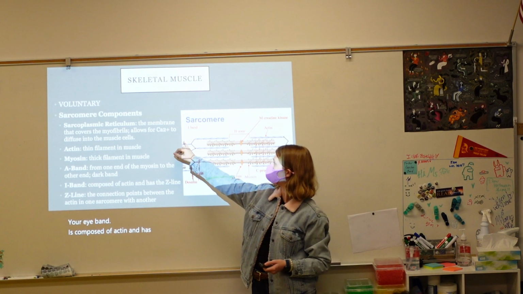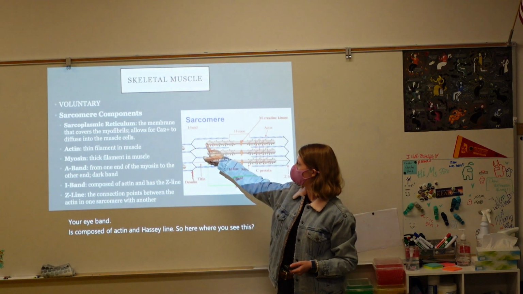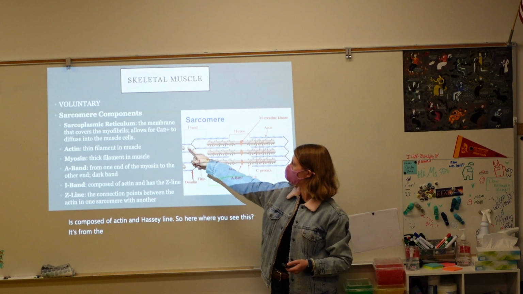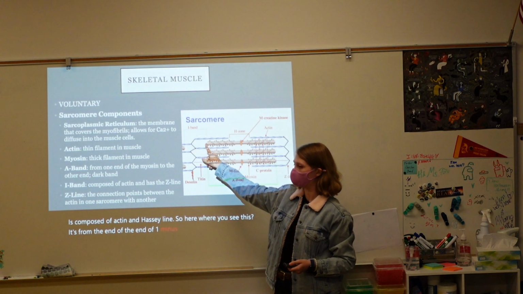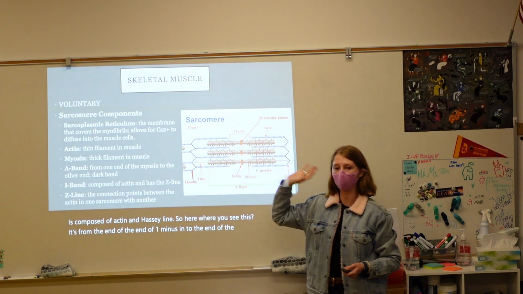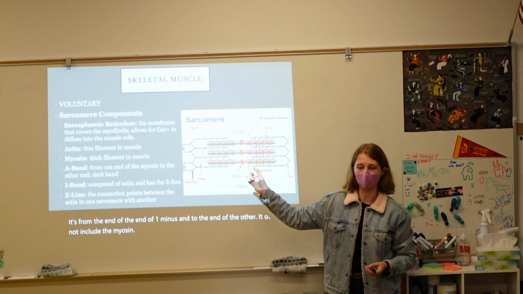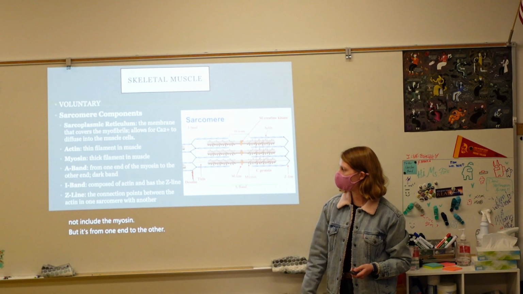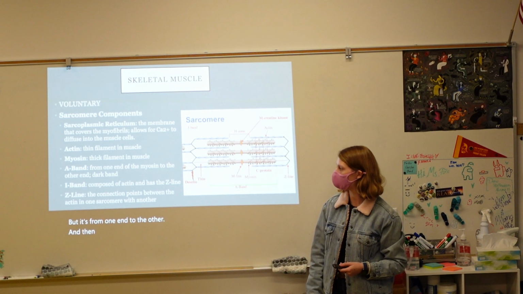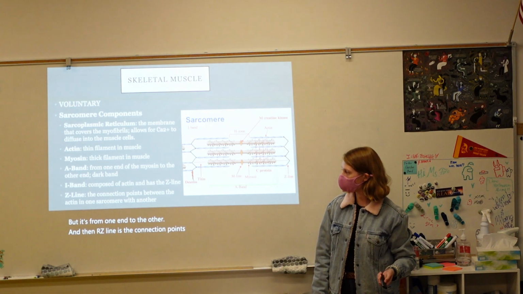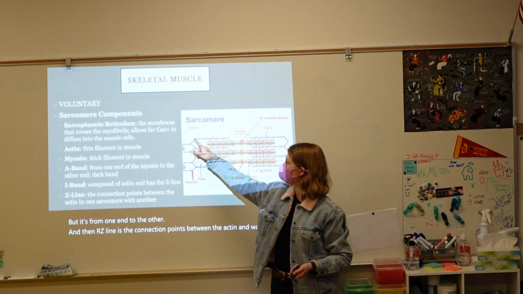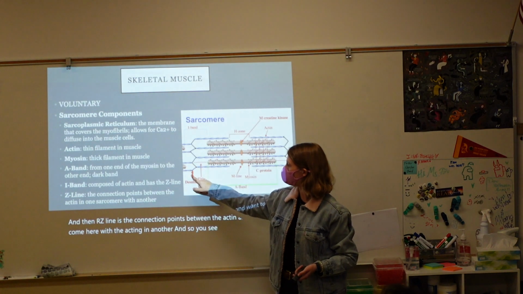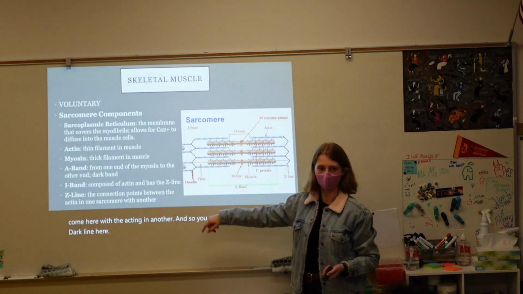So here, where you see this, it's from the end of one myosin to the end of the other. It does not include the myosin, but it's from one end to the other. And then our Z line is the connection points between the actin in one sarcomere with the actin in another. And you see this dark line here. That's our Z line.